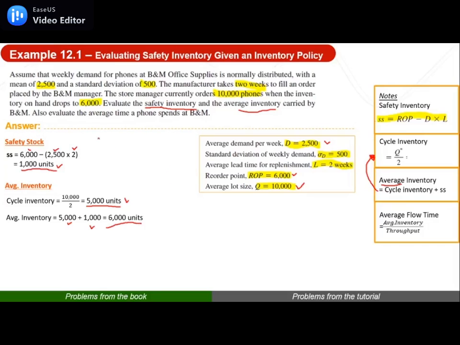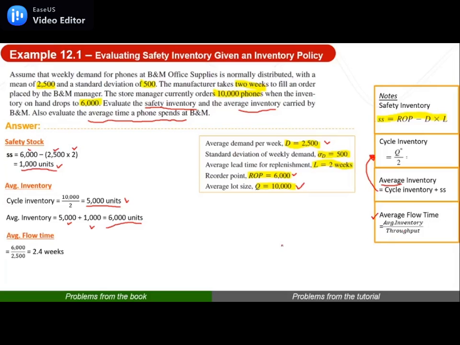Next, we need to evaluate the average time a phone spends at B&M, or at the store. The formula for the average flow time is average inventory divided by throughput, or the demand.